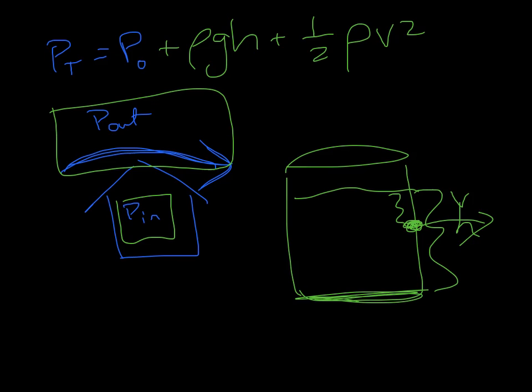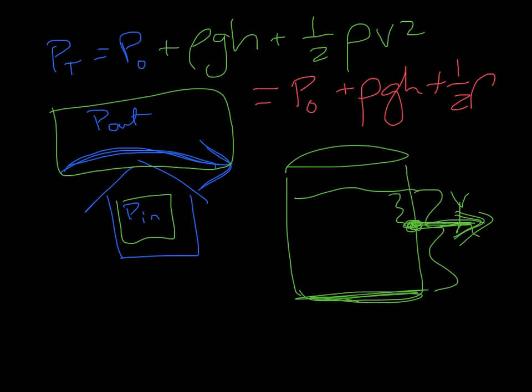It's not mass, remember, it's density. But that's the velocity of this water as it comes out of the tank. And this is going to equal the situation in the other place: whatever the pressure is plus rho g h plus 1/2 rho v squared.